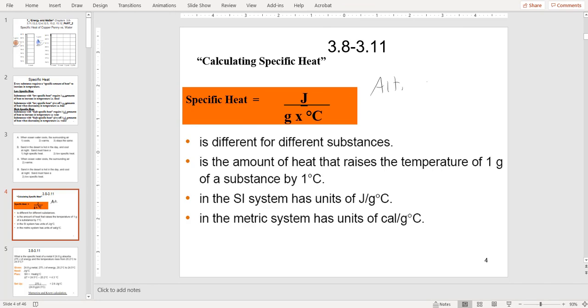The alternate form is going to be calories divided by grams times the temperature change in Celsius. Also make a little comment here that whenever we have Celsius, that actually means temperature final minus temperature initial.